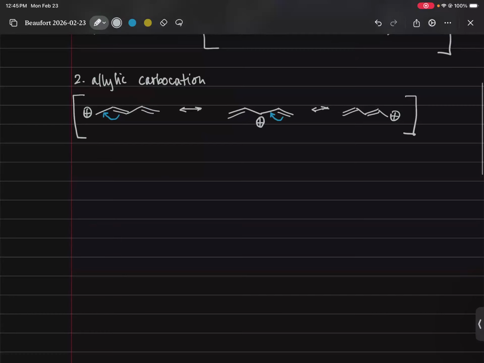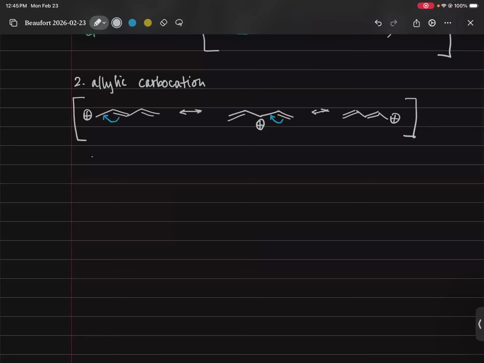So if we have multiple pi bonds that can participate in the same, not necessarily the same resonance structure, because you could have pi bonds in two very different parts of the molecule.